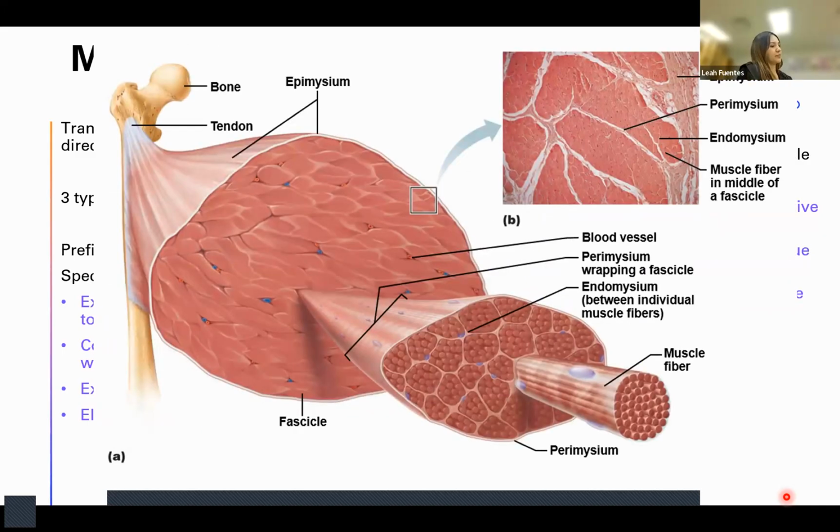And we can see it here. So again, we have our epimysium, perimysium, and then our endomysium. Let's see. Another thing to know would be our tendon. So knowing that tendons connect muscle to bone, and then ligaments connect bone to bone. That's another thing to know. But when we're talking about muscle, tendons connect muscle to bone, which right here would be our femur.